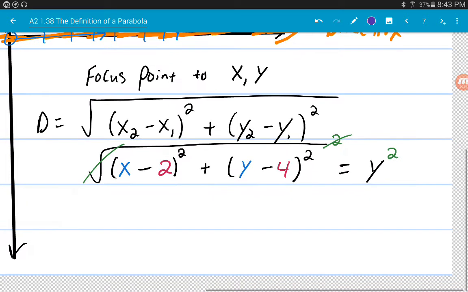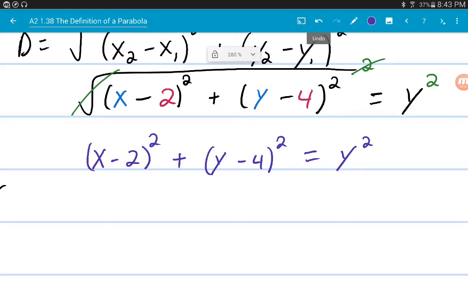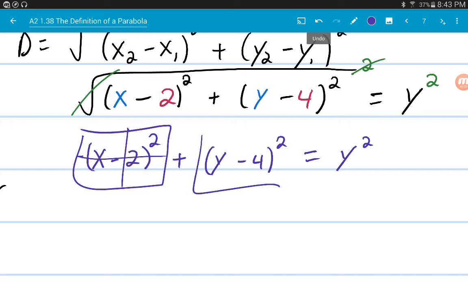So now when I rewrite, I have x minus 2 squared plus y minus 4 squared is equal to y squared. Both of those binomials being squared, this guy here and this guy here, these are both going to be box methods.